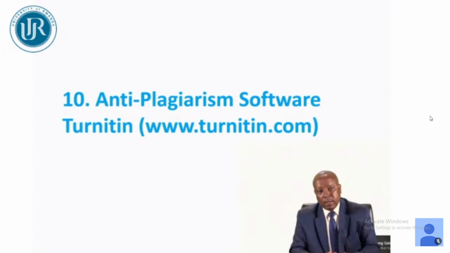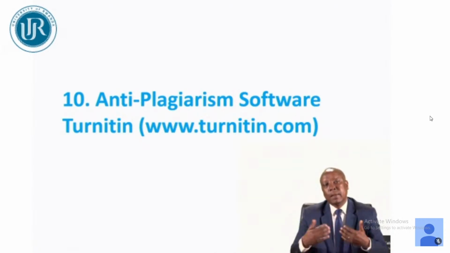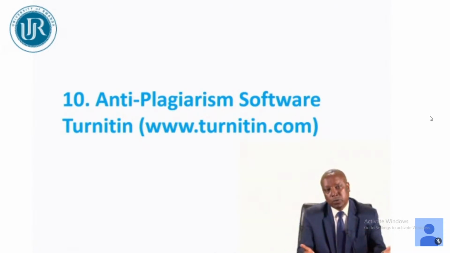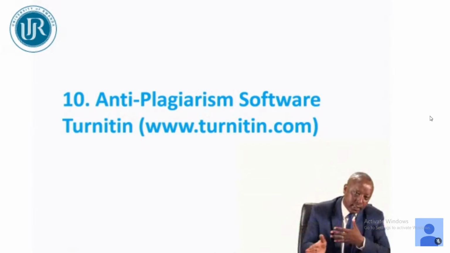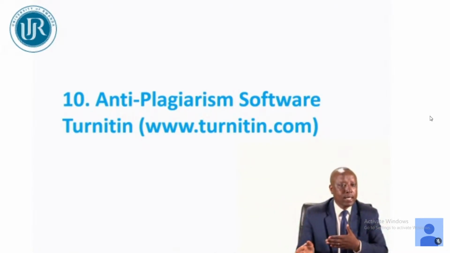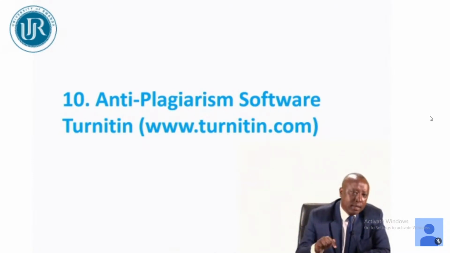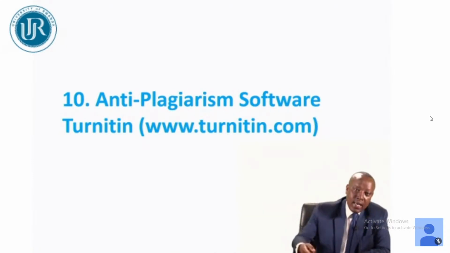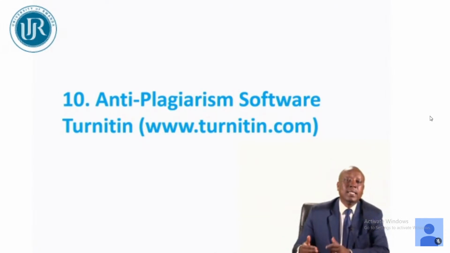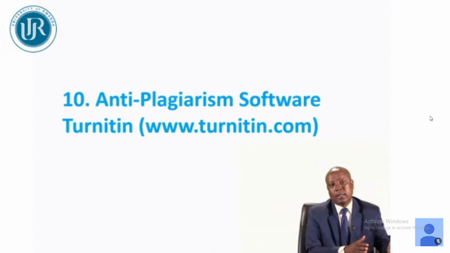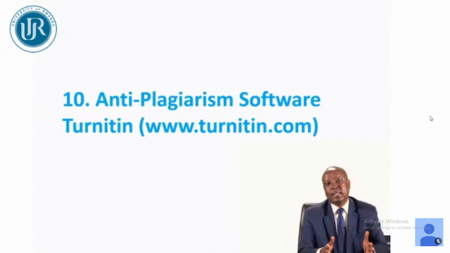And when you submit a document, depending on how you want to do it, it can go straight into the database of Turnitin, or it doesn't go there. When it is in the database of Turnitin, if you submit another work similar to that one, immediately it is going to be compared with the previous one, and the similarity index will be very high.